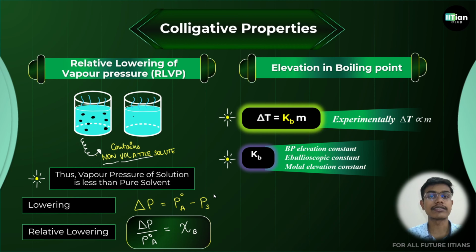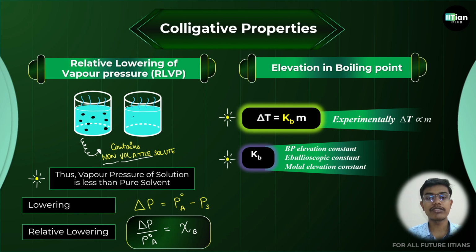This is how boiling occurs. And when you have a non-volatile solute, the vapor pressure will be reduced. You will have to supply more and more temperature to make the vapor pressure equal to the atmospheric pressure. So the boiling point will be increased, and this elevation in boiling point is a colligative property.